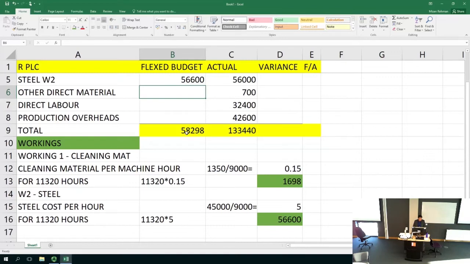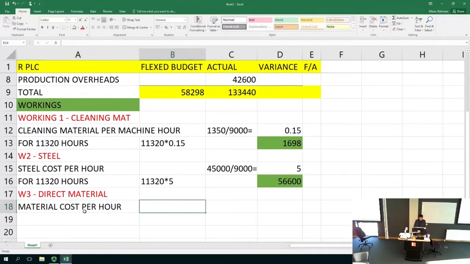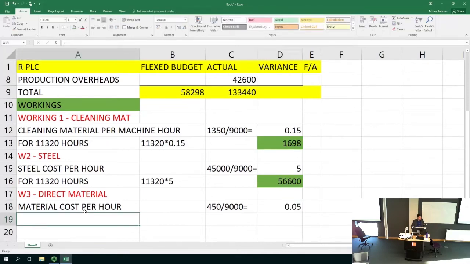Other direct materials, working three now.